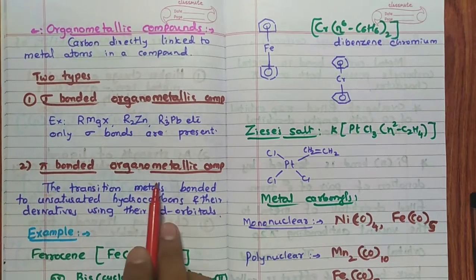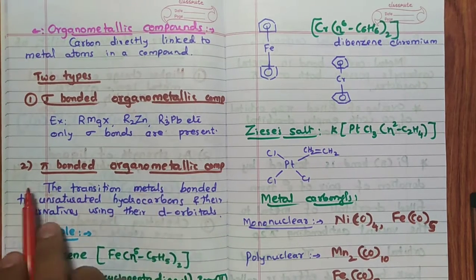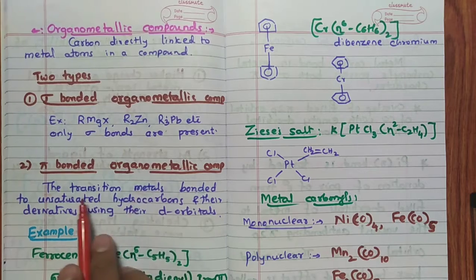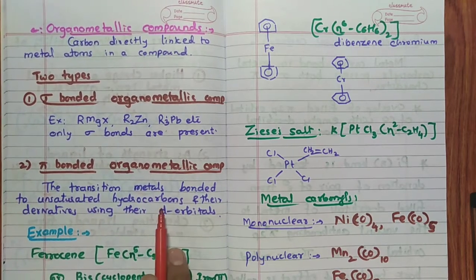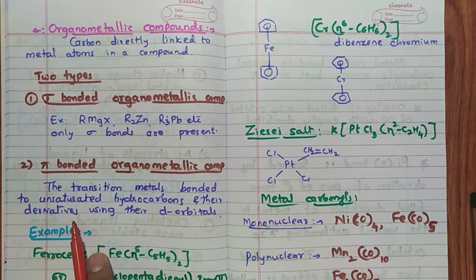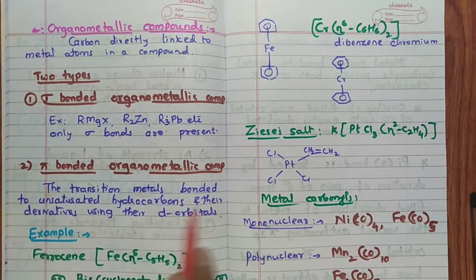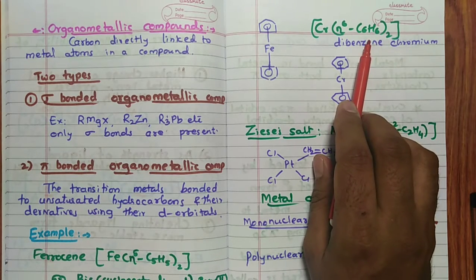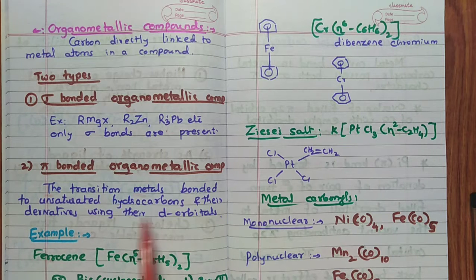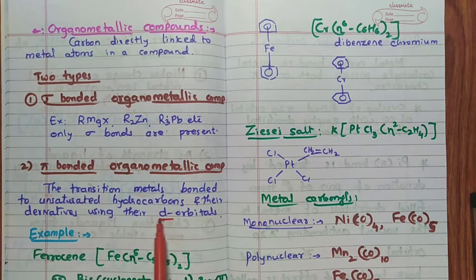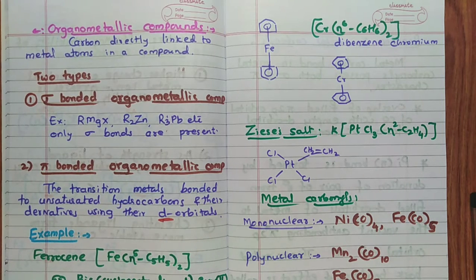But important is the pi bonded organometallic compound, in which transition metals are bonded to unsaturated hydrocarbons and their derivatives. For example, cyclopentadiene or C6H6 benzene. The metals use their d orbitals.